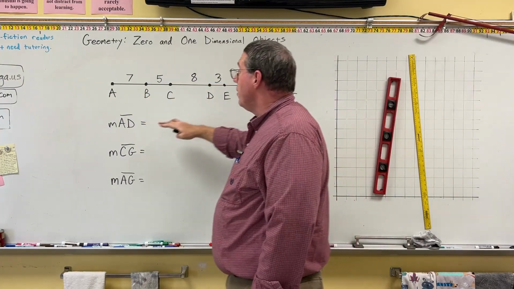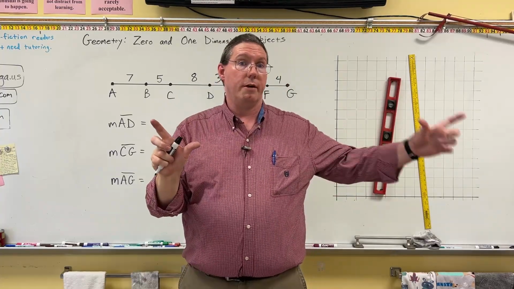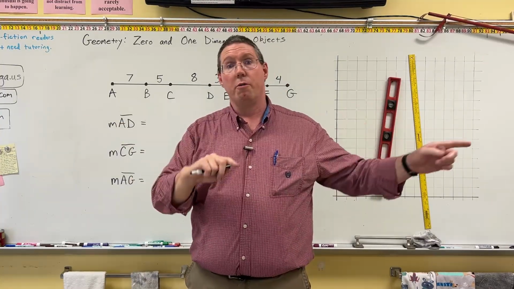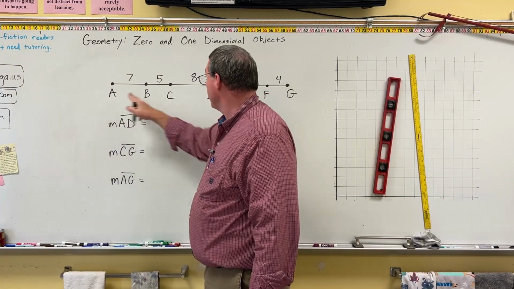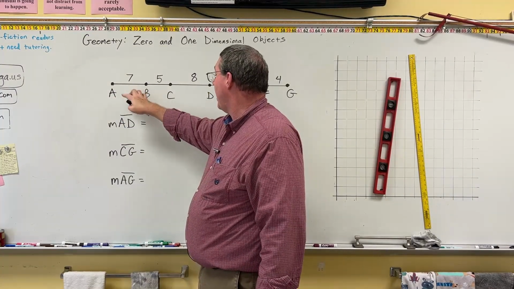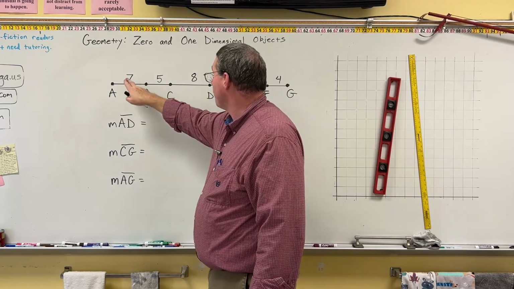Now note that these measures, these line segments, they have to be consecutive. You can't do a portion here and then a portion over here. You have to do the whole thing in between. And so we want to know the distance from here to here. Well, all we have to do is add up AB plus BC plus CD. So we have three segments.